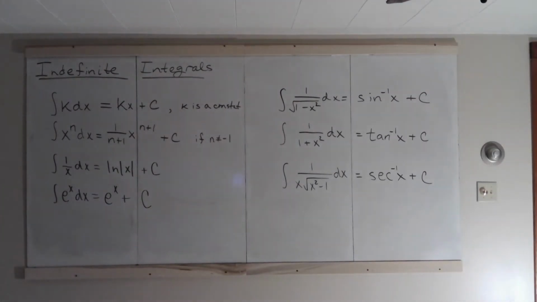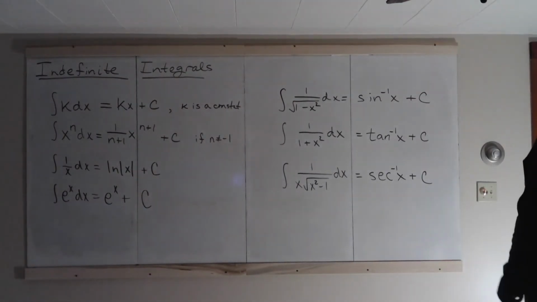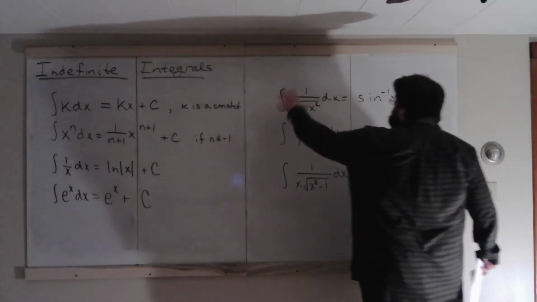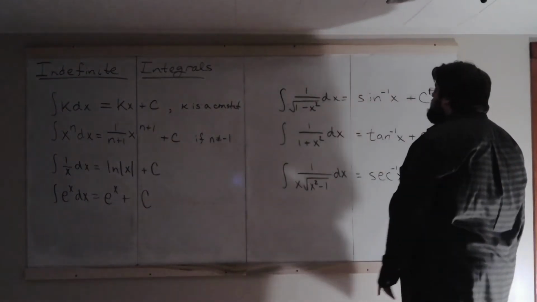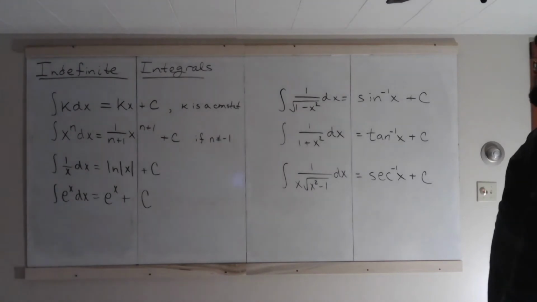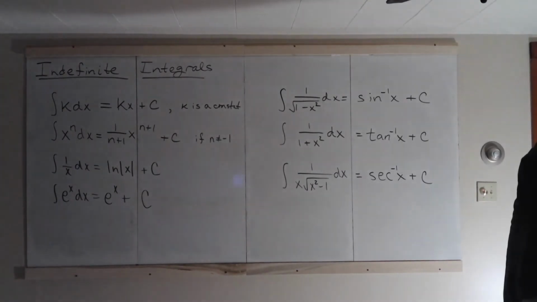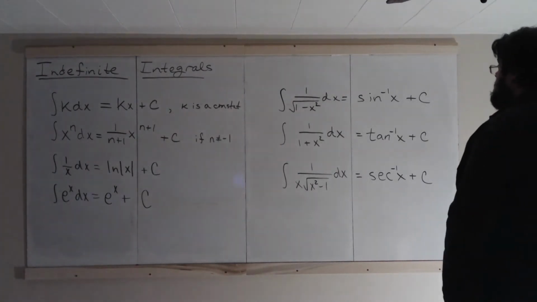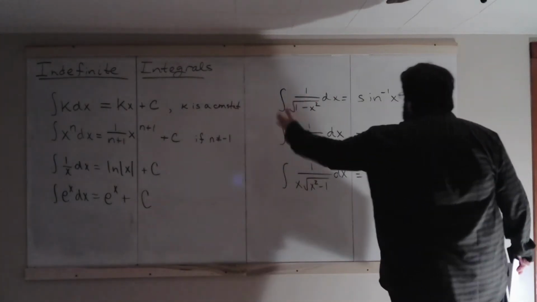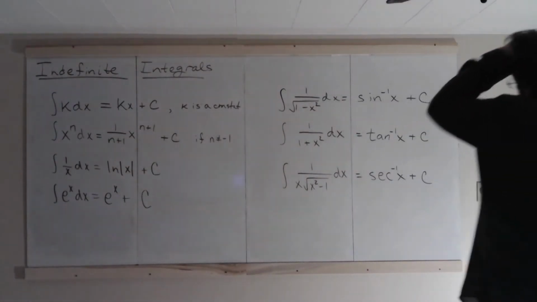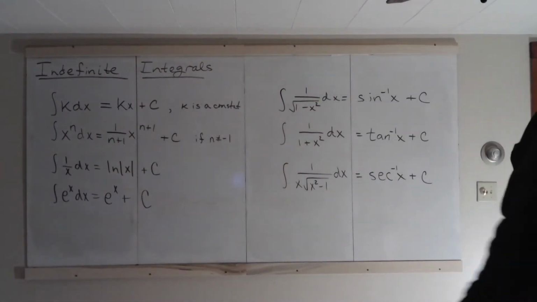And next, we have the inverse trig. The derivative of inverse sine is 1 over root 1 minus x squared. So the antiderivative of 1 over root 1 minus x squared is the inverse sine. So the indefinite integral of 1 over root 1 minus x squared is the inverse sine of x plus c.